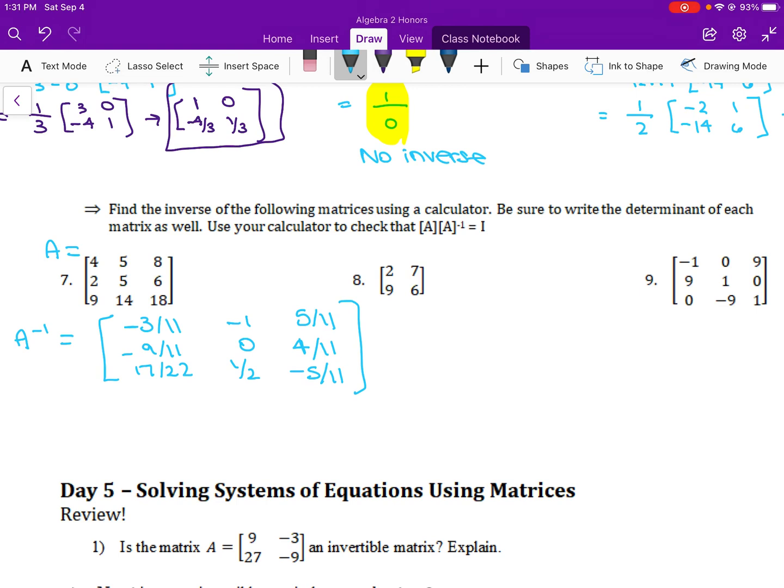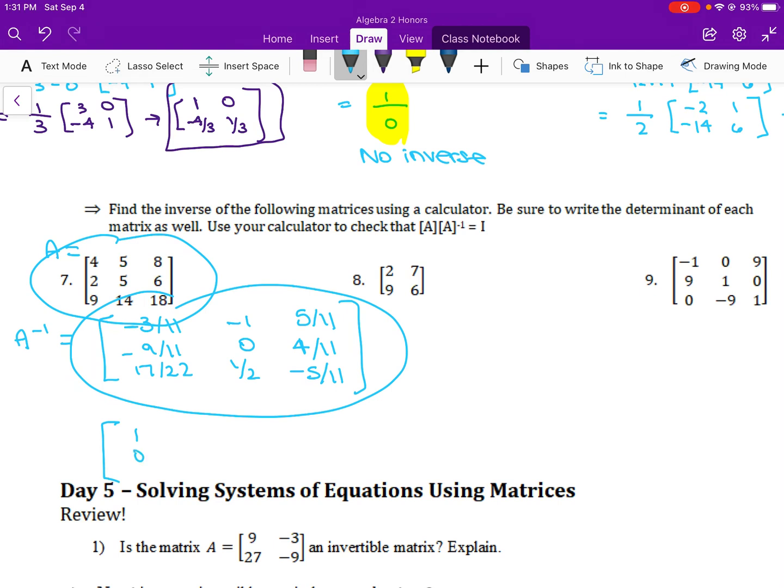Okay, and if I want to confirm that the product of these two is my identity matrix, I take this matrix here, multiply it by my other matrix, and I should confirm that I get 1, 0, 0, 0, 1, 0, 0, 0, 1. I delayed quite a bit before, so I'll speed that one up.